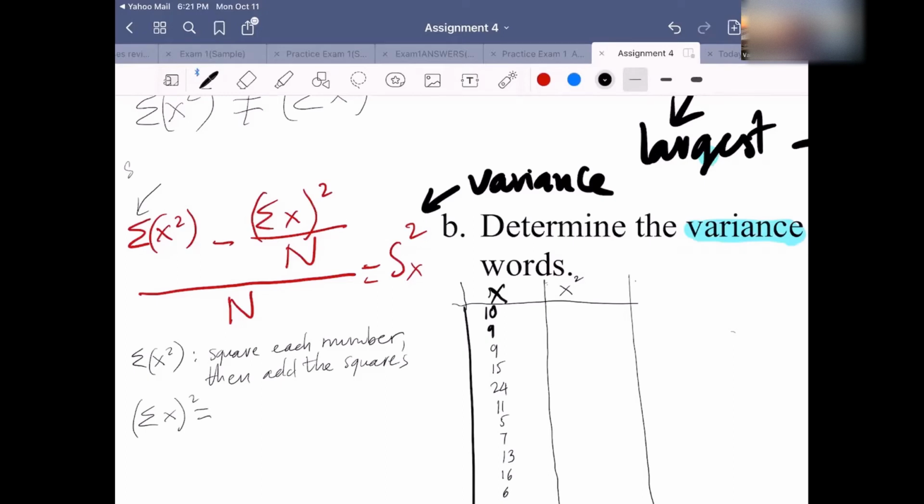That means that you add all the values first, then square the sum. Okay? That's the difference between those two notations in the formula. Yeah, so make sure that you write that down so that in the future you can understand it or you can review it.